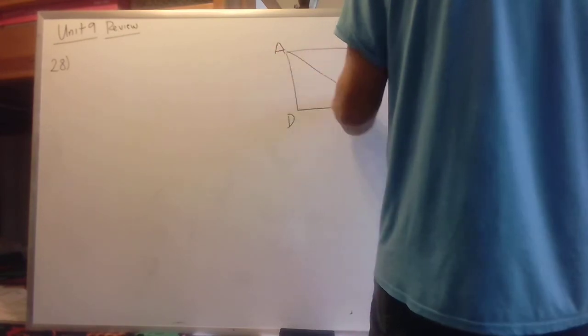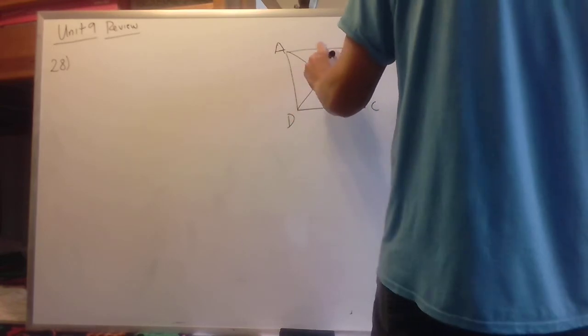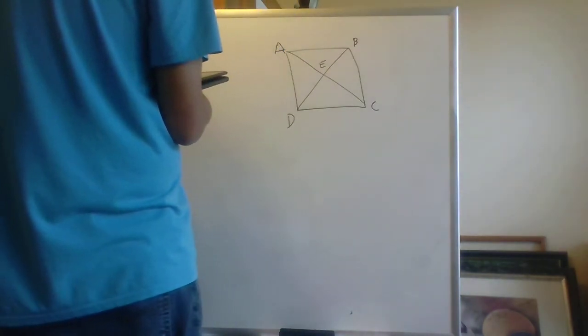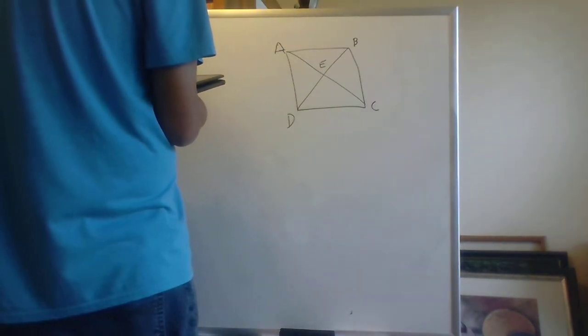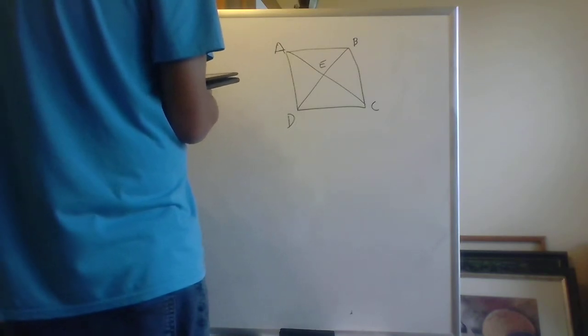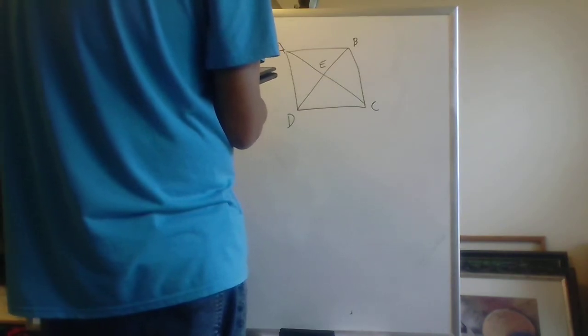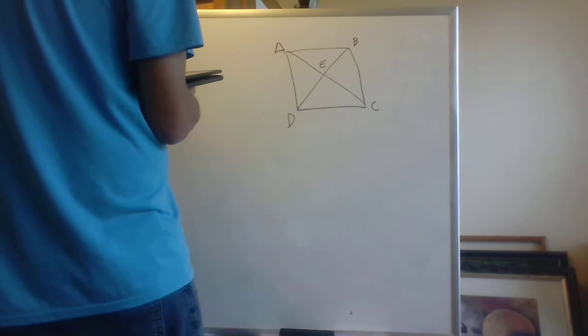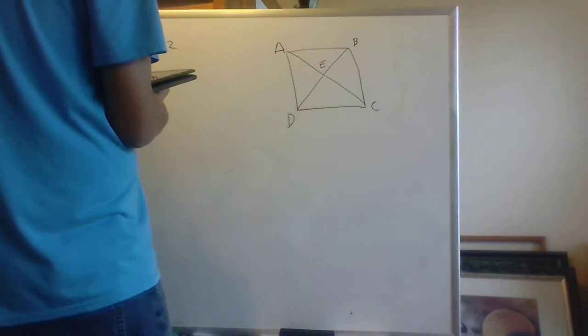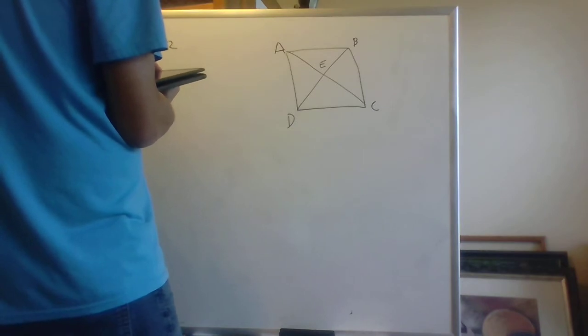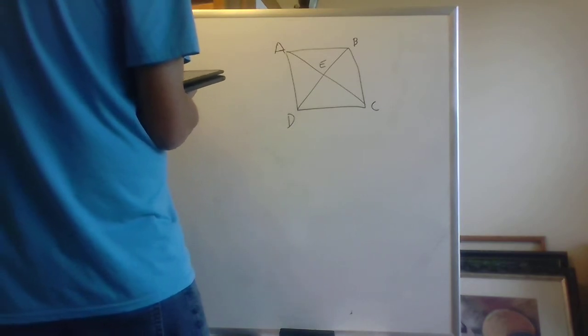So it's a rhombus with two diagonals and an intersection point at E. It says this rhombus has side or segment EB is 9 units, AB is 12, and the measurement of angle ABD equals 55.